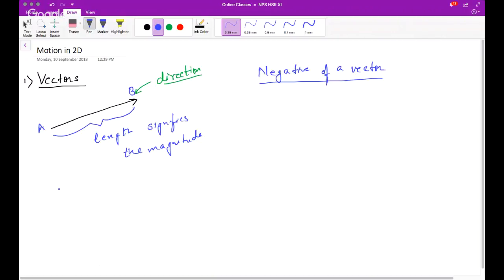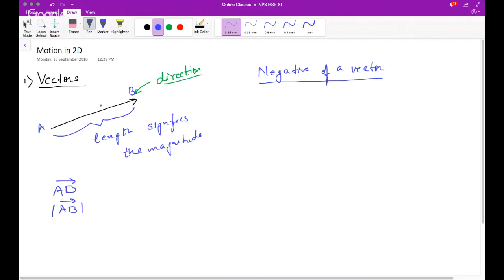I'll be a little fast here because we are doing a recap, since we want to get into 2D motion first. So vector AB is denoted by the origin and the destination and an arrow over it. And the magnitude of AB is given by this representation, right? This is how a vector is represented.